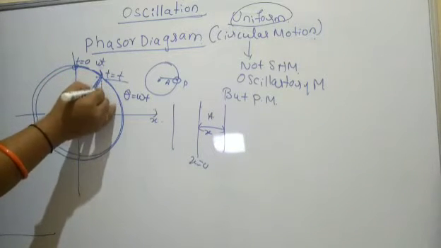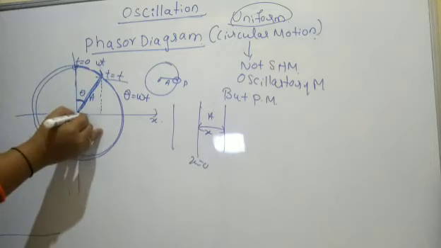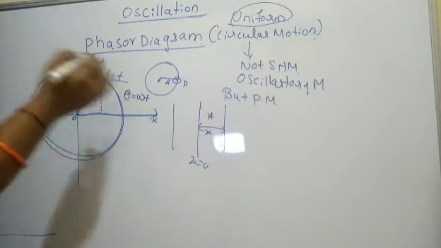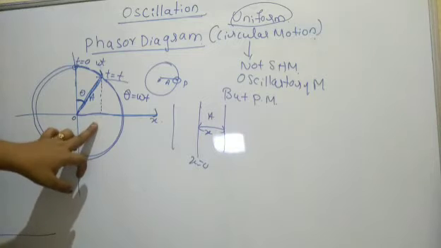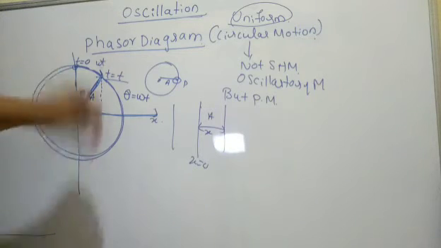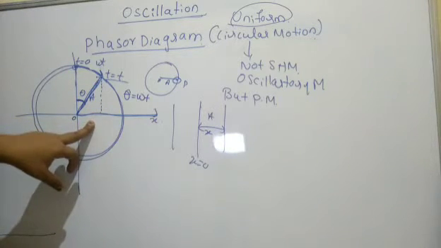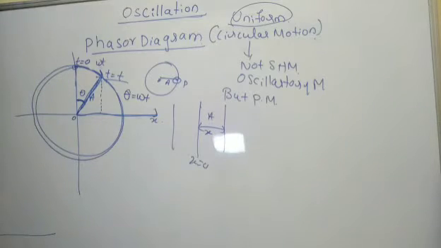Once you draw the projection along the diameter of the circular path, the particle is executing uniform circular motion, but not all such projections of a particle in uniform motion are simple harmonic, as we have discussed in the previous classes. All oscillatory motions are not simple harmonic motion.